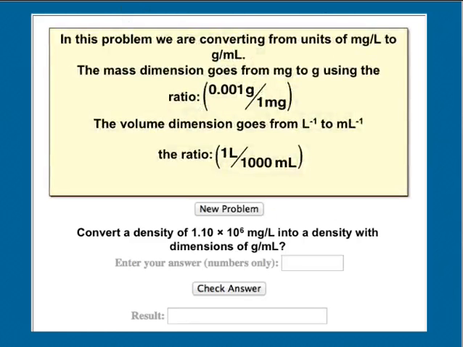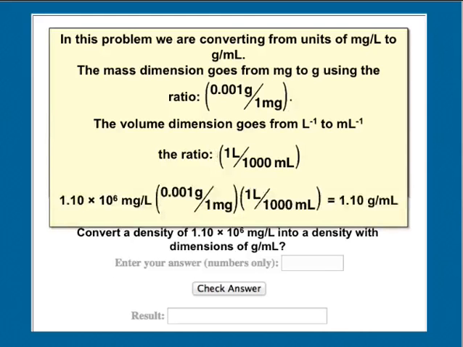We could also say, for liters to milliliters, that 1 liter is the same as 1,000 milliliters. Finally, here I've taken our given, which is our density. Here's my first ratio.